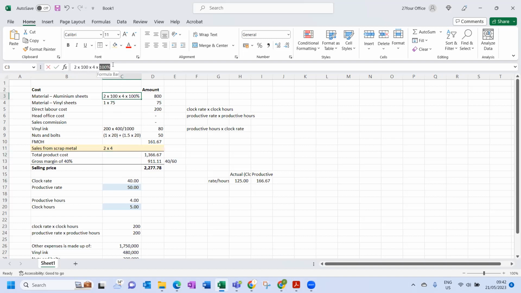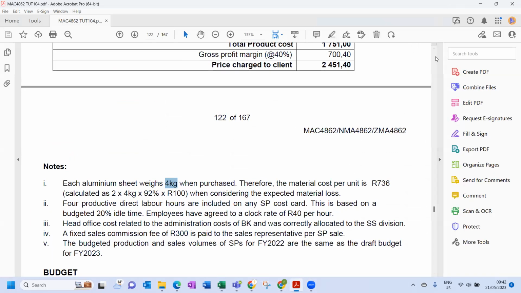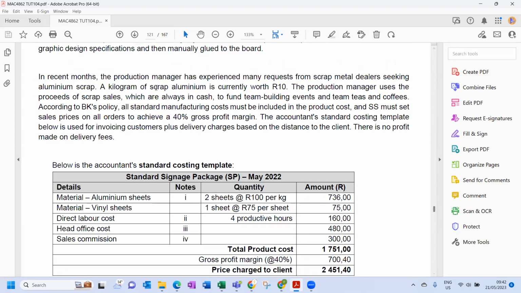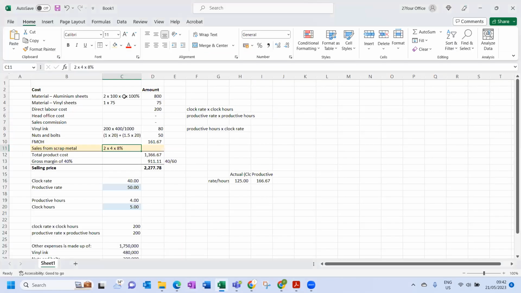We must take the cost at 100% over there, but for the sales value, how much is lost is 8%, right? And then the selling price, let me just make sure I read it correctly. A kilogram of material is currently worth 10 Rand. So over here we multiply by 10 Rand.